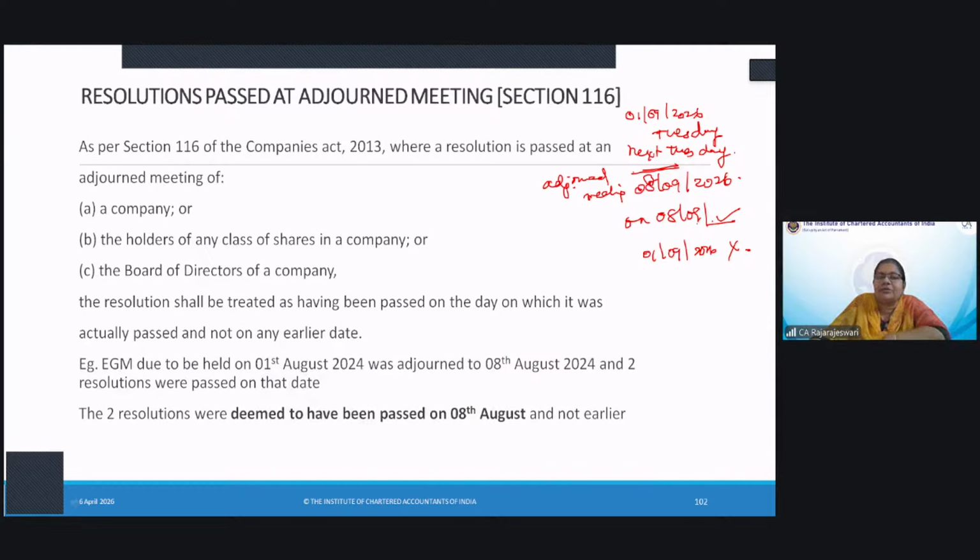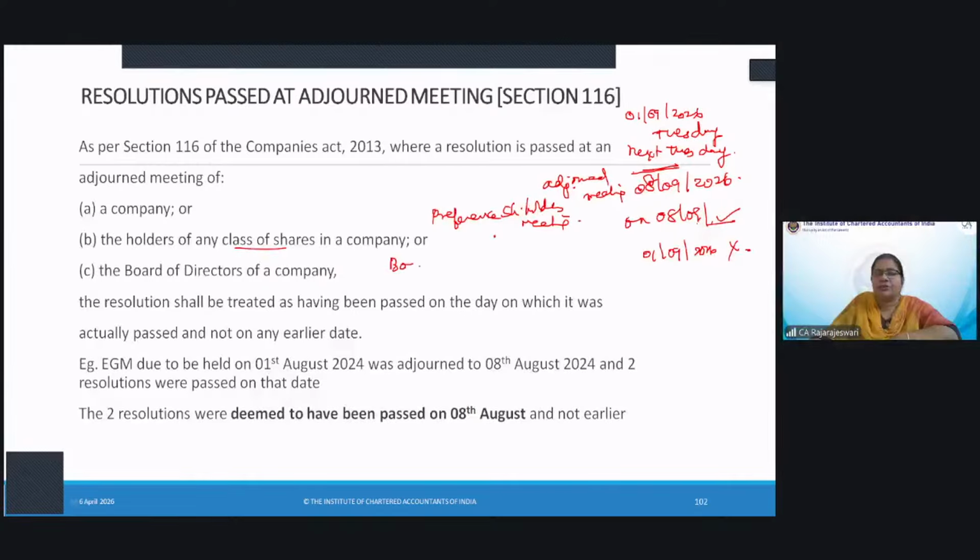That is the concept. As per section 116, where a resolution is passed at an adjourned meeting of the company or the holders of any class of shares, it could be a preference shareholders meeting. So that is called a class meeting. Then the board of directors of a company, or adjourned meeting of the board of directors.